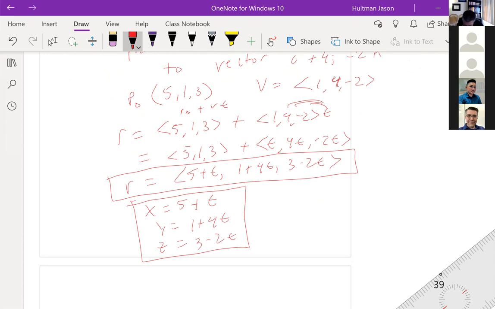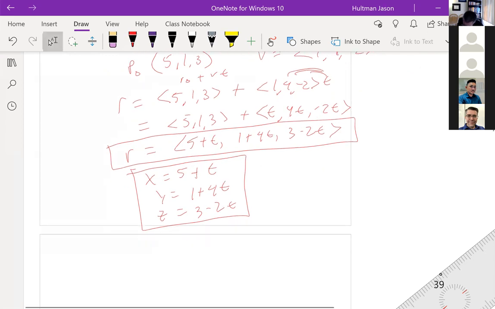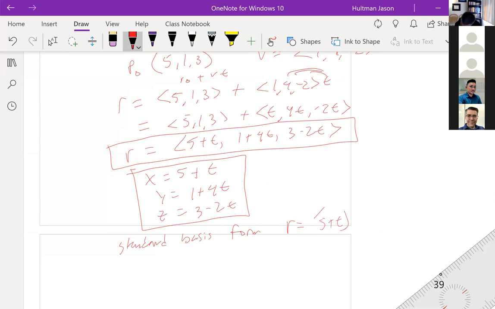Now we could put this in standard basis form as well. Instead of component form, we could write r equal to 5 plus t i plus 1 plus 4t j plus 3 minus 2t k. We could do that.